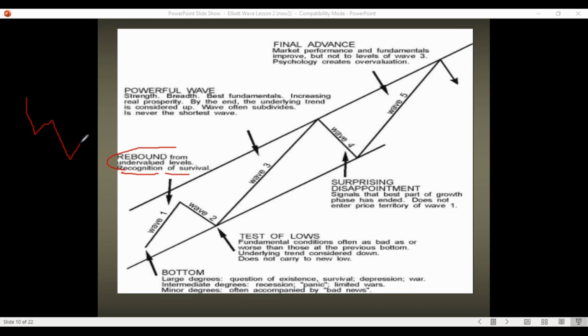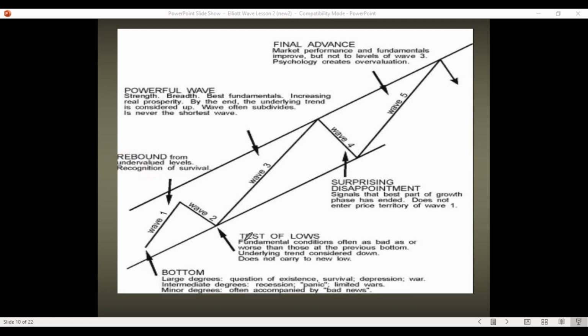You get that wave 1 moving up, and what do you feel? Well, you feel like, here we go again, right? It's going to rally, and it's going to roll over, and it's going to go lower. It is rallying, but I've been burned on that. Every time it rallies, I buy in, it drops lower. So it's a kind of a recognition of survival. It's starting to move up, but it still doesn't feel overly bullish yet.